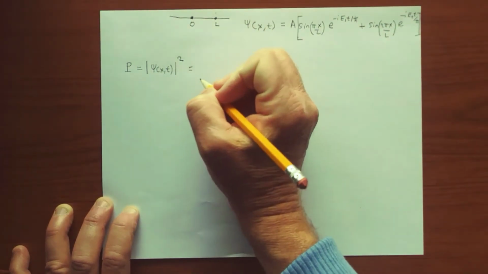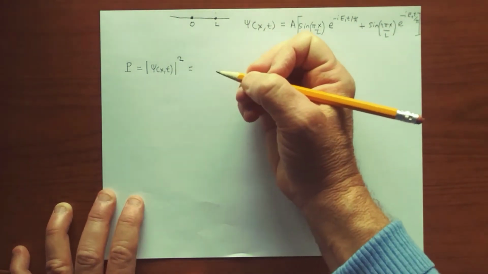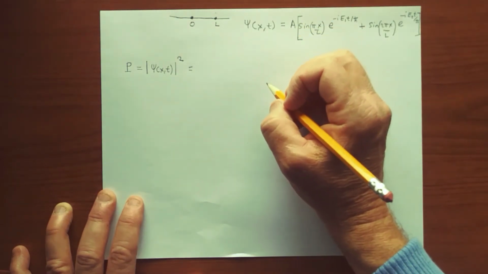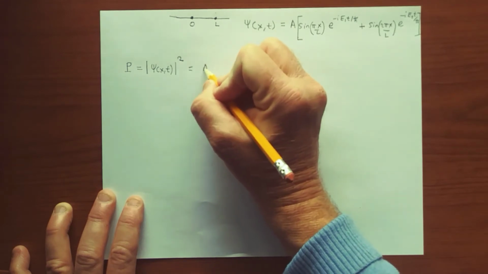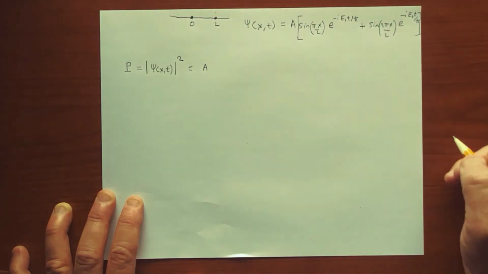So we need psi star psi. So what does that look like? Let's say A is a positive number. It's not complex.